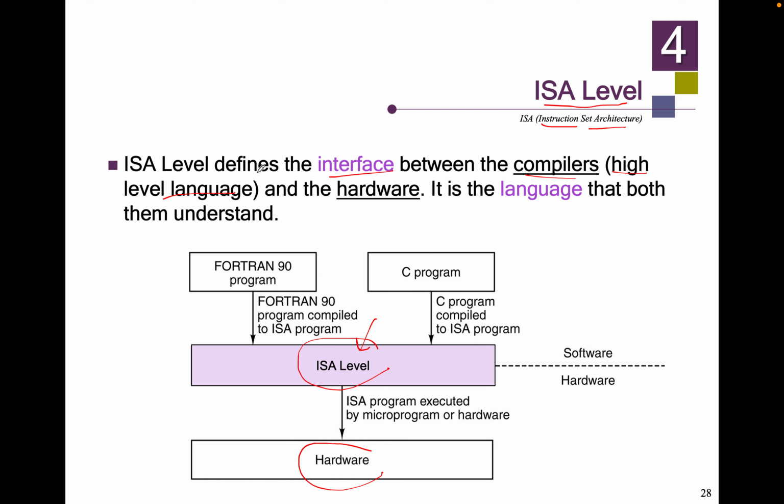So high level language is defined as an interface with the compiler. So let's say you have a C program. C programming you compile to the ISA program, and all of this up here is software. Or maybe you have another program. You compile to the ISA program first. Then the ISA will be executed by the microprogram or hardwire.